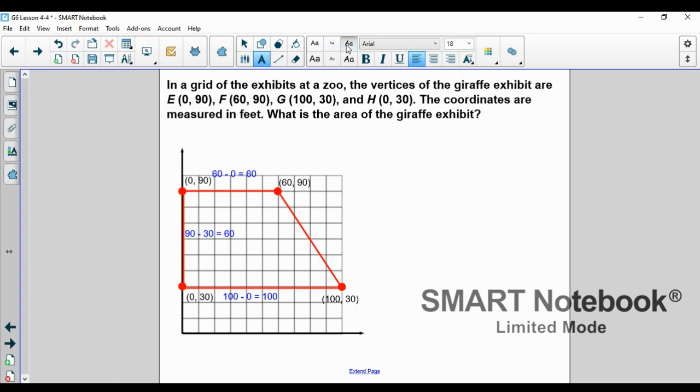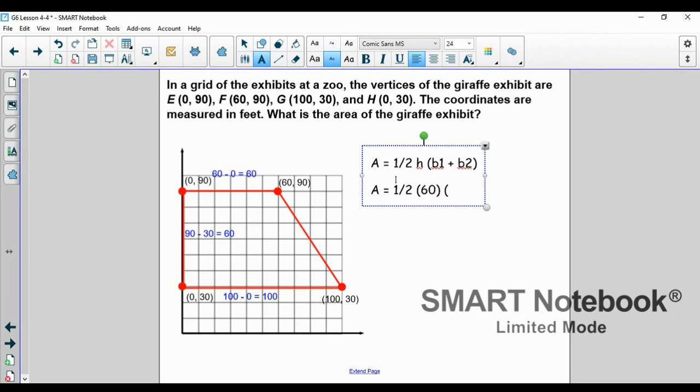Now I have all the measurements that I need to find my area. Remember, area of a trapezoid is 1/2 times the height times base 1 plus base 2. So I have 1/2 times my height, which is 60, times 60 plus 100. So 60 for my height, 60 for this base, 100 for this base.